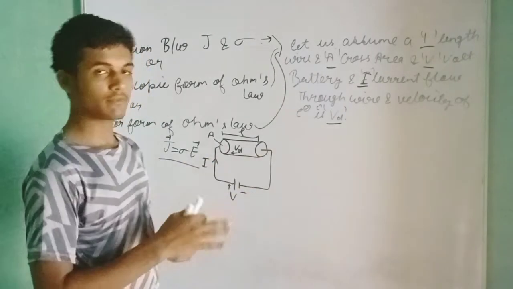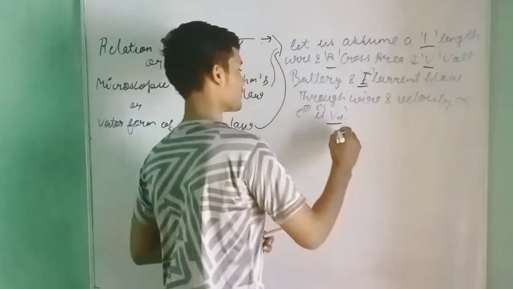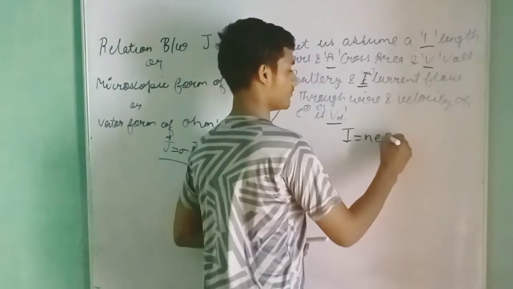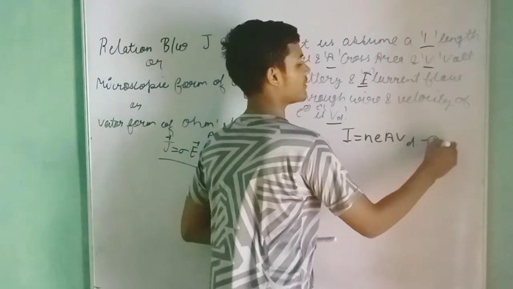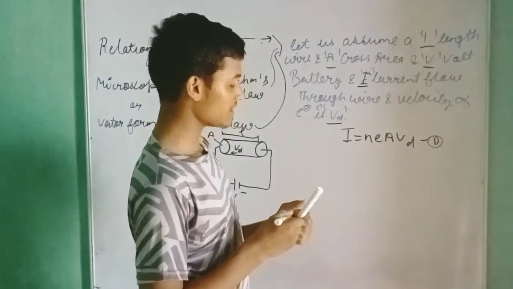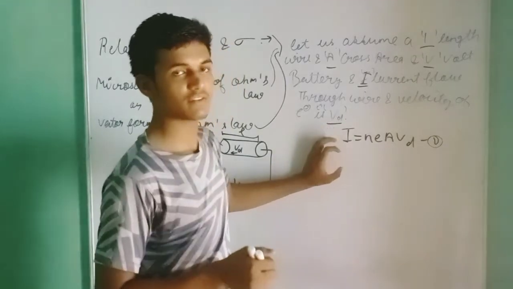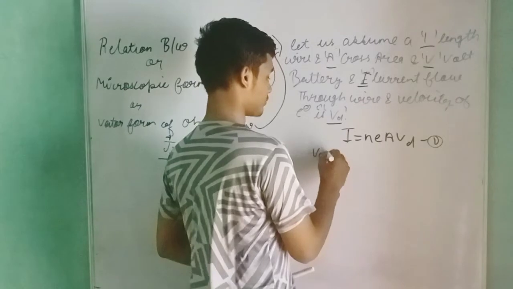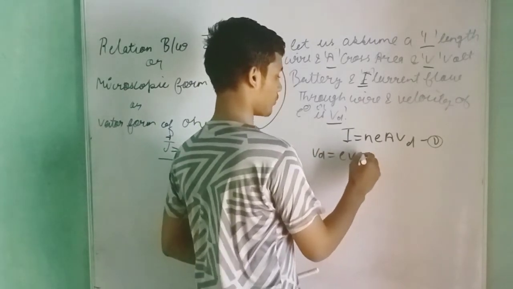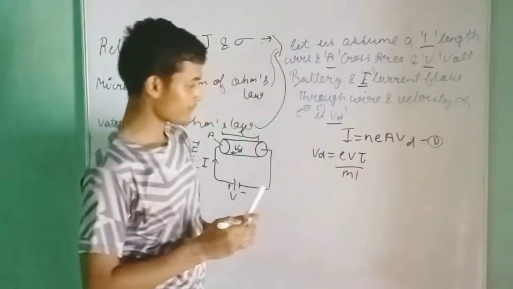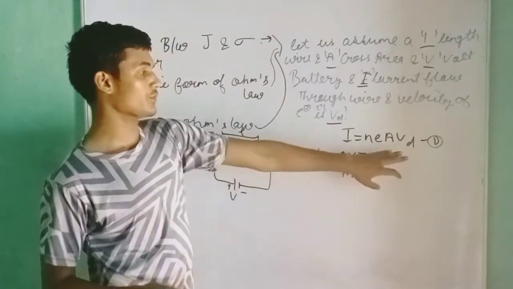So now we know the relation between I and E, A, and Vd. In most derivations this formula is useful, and the Vd formula, Vd is equal to eEτ upon m. Now put the value in this equation.